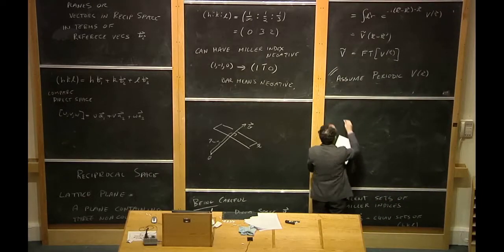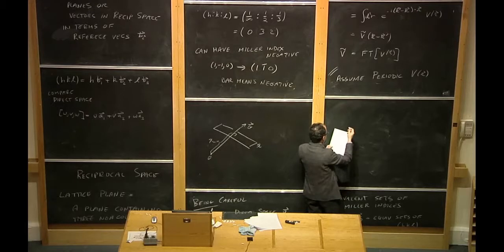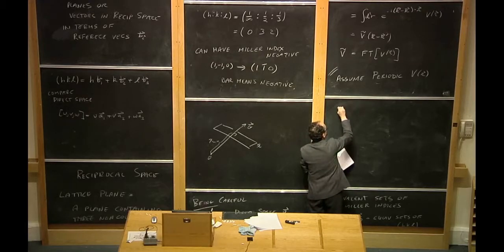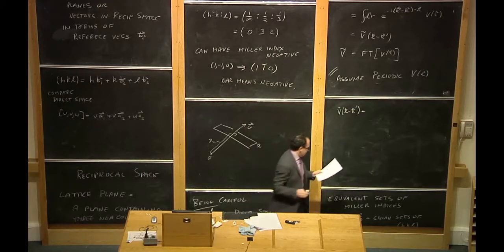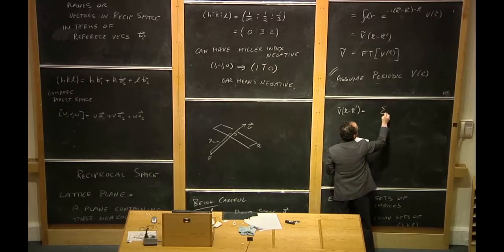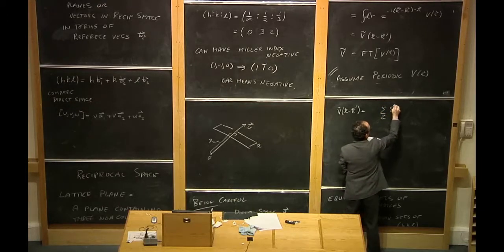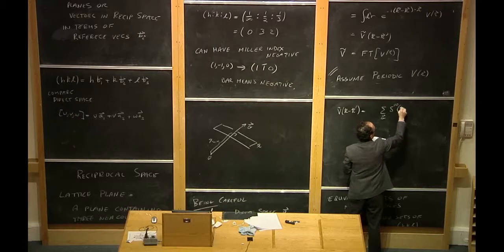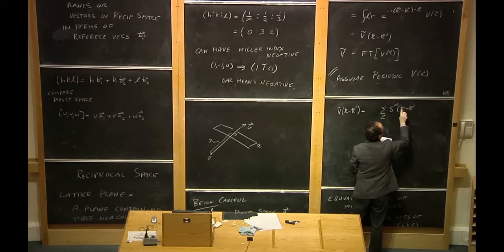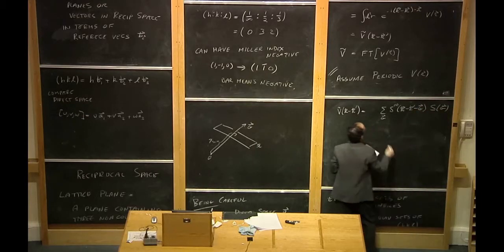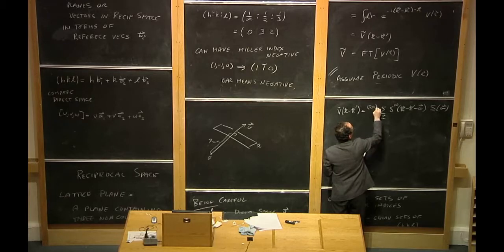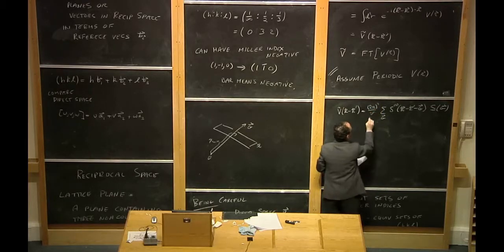And so we can use the law that we derived in the last lecture, that the Fourier transform of a periodic potential, k minus k prime, equals a sum over reciprocal lattice vectors g of a three-dimensional delta function of k minus k prime minus g, times the structure factor of g, with some normalization factor, 2 pi cubed over the volume of the unit cell.